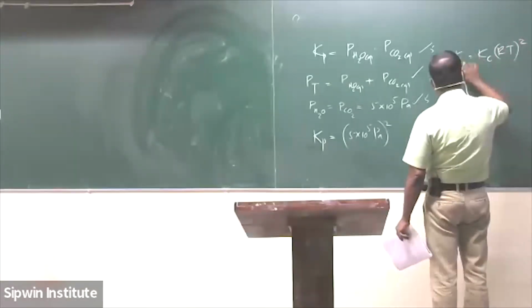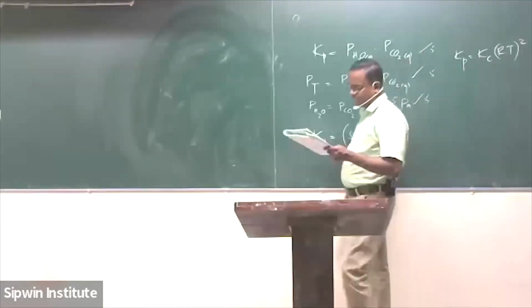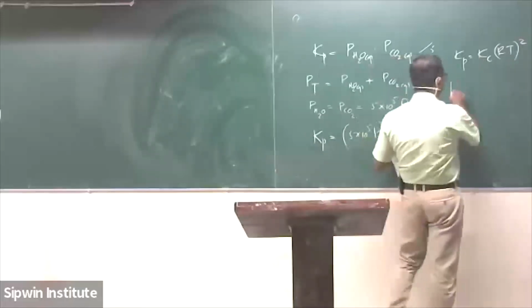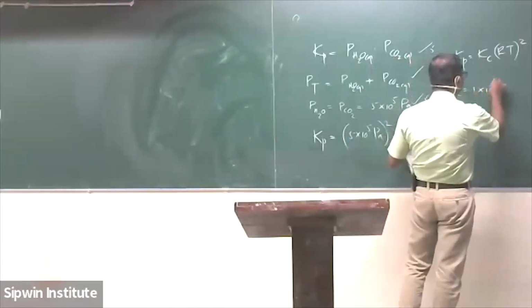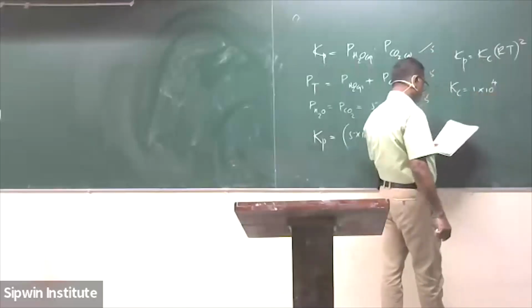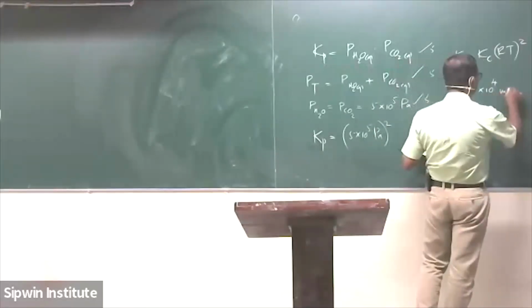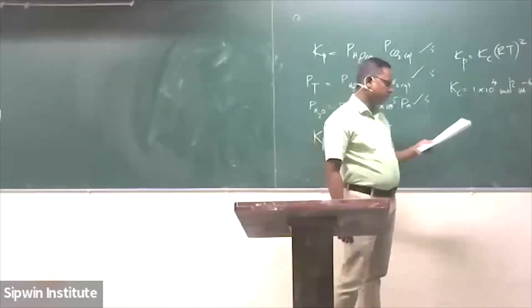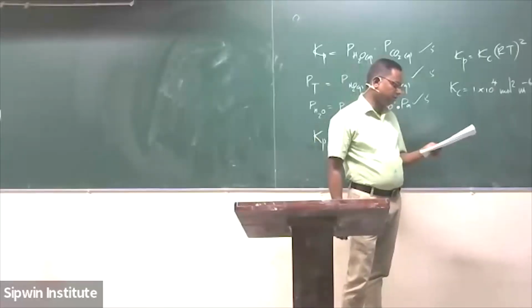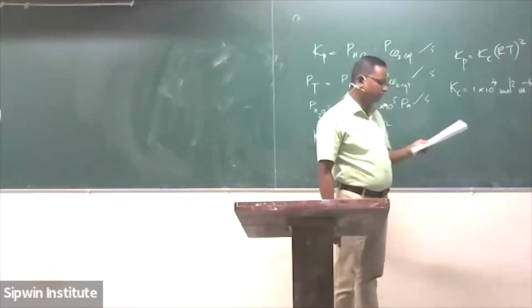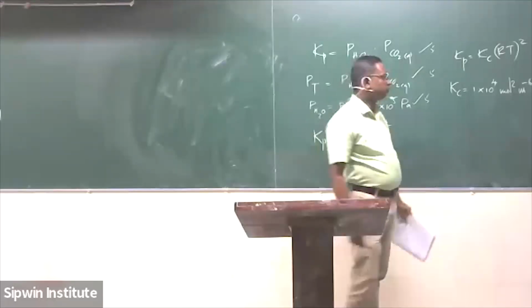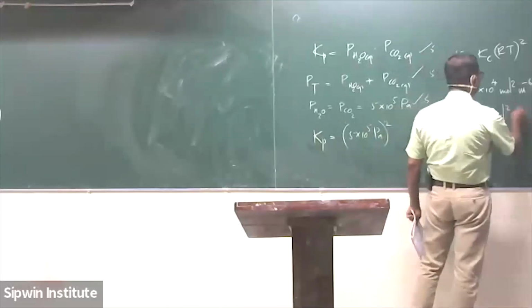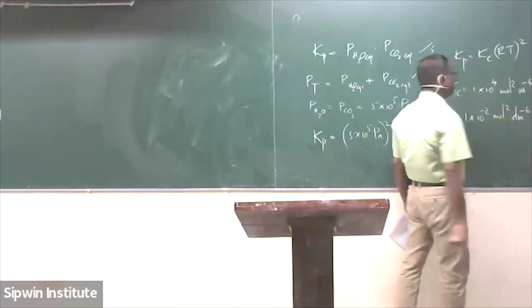With that, Kc you will get as 1 into 10 to the power 4, with this unit: moles per cubic decimeter. If you are taking that, it is 1 into 10 to the power minus 2.